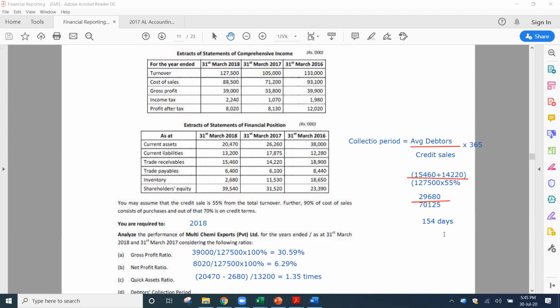It's 154 days to collect money from the debtors.